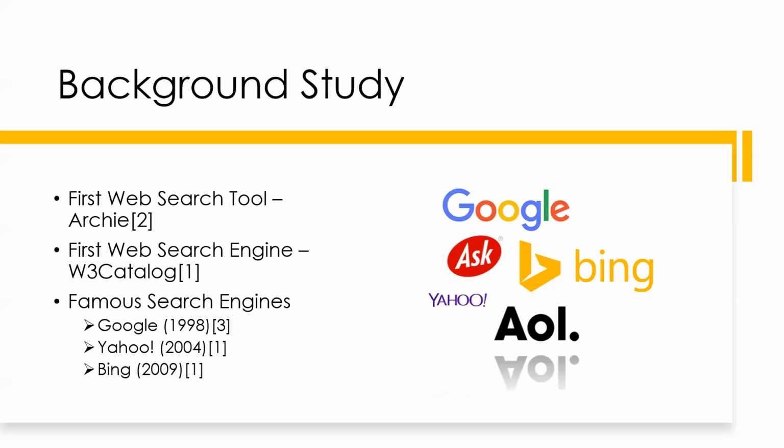Over the years, through various changes and upgrades, we finally have the search engines we use today. We have quite a few famous web search engines, such as Google, created in 1998, Yahoo in 2004, and Bing in 2009.